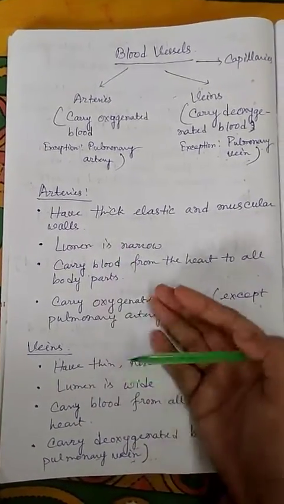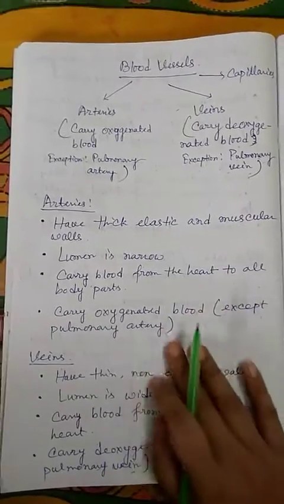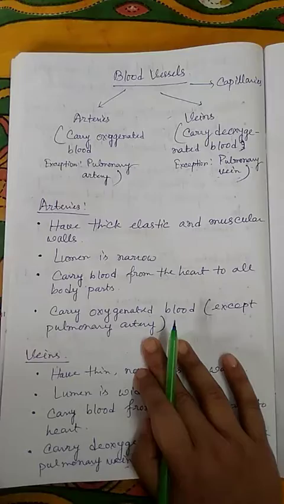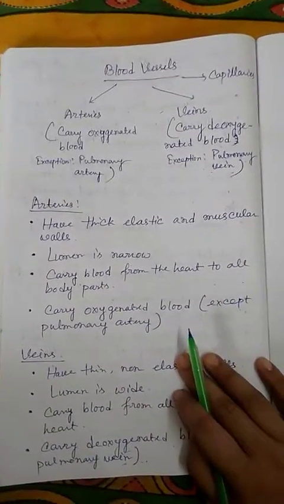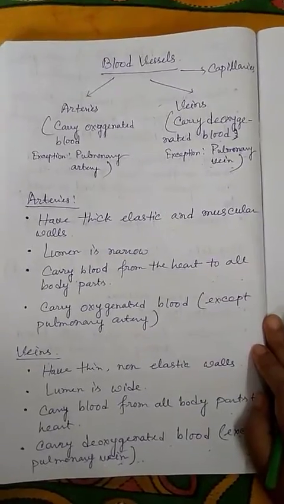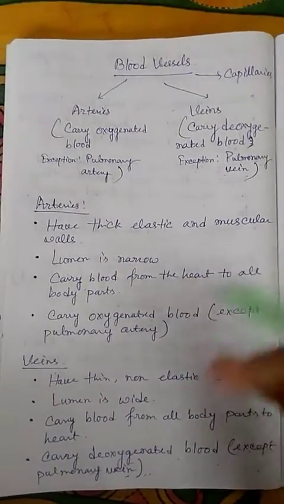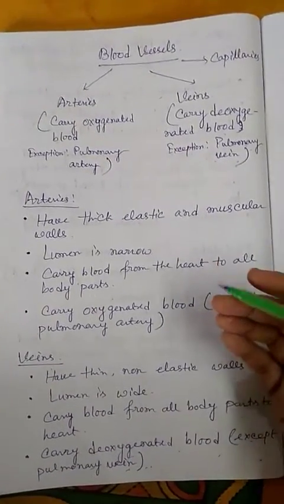Because they carry a huge amount of blood at very high pressure. That's why their walls must be thick. When pressure is exerted on the walls, there is a chance of the vessel breaking. That's why the vessels must be elastic, to bear that pressure.